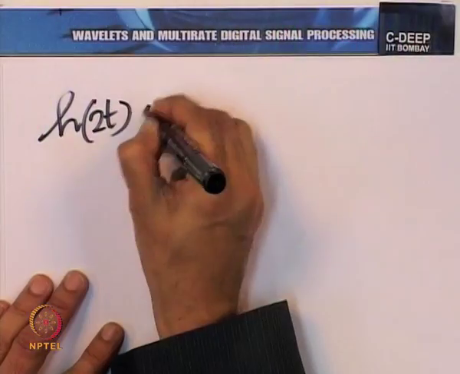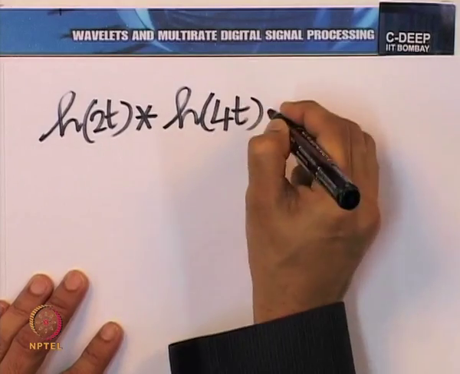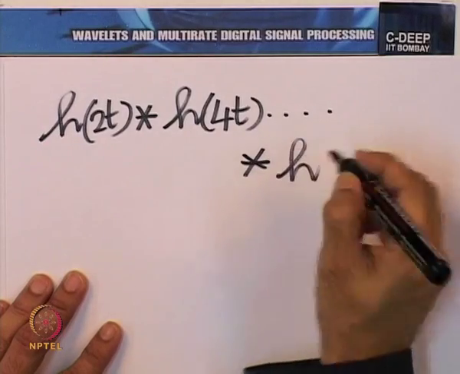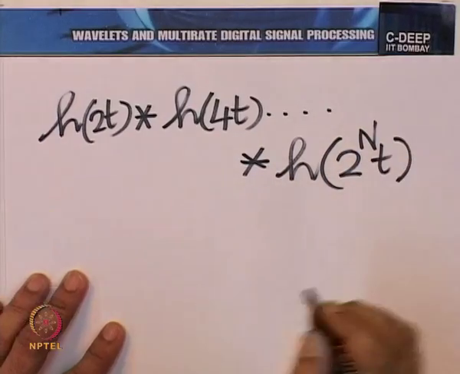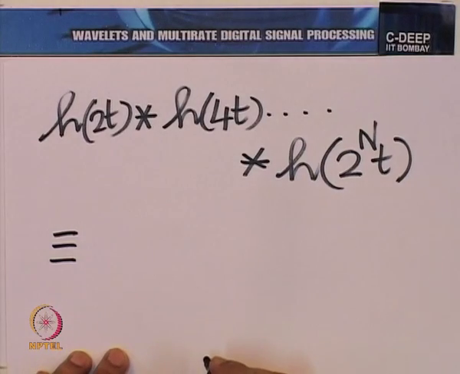So, what we have here effectively is h 2 t convolved with h 4 t and so on, so forth up to h 2 raised to the power of n t. Essentially, how many impulses?